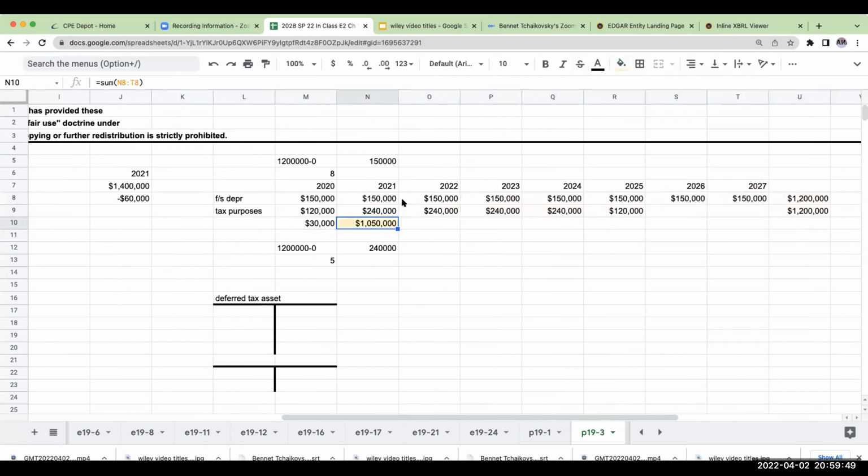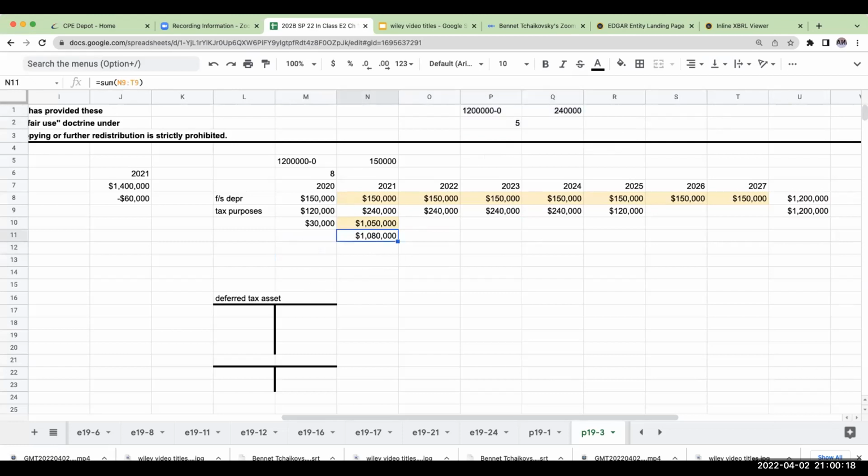So right over here, if I take these items, this is going to be $1,050,000 for book purposes. For tax purposes, my remaining deductions are going to be right over here, $1,080,000.